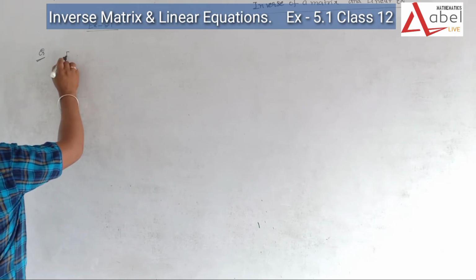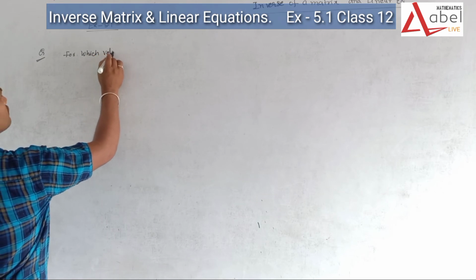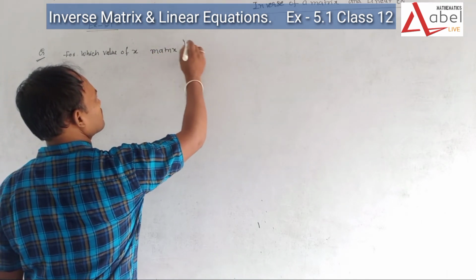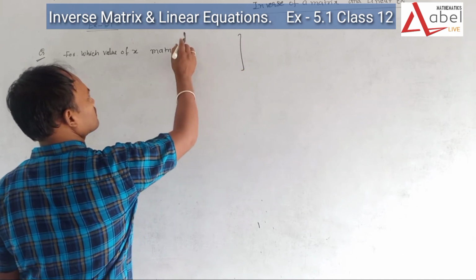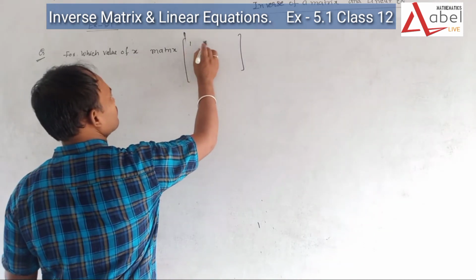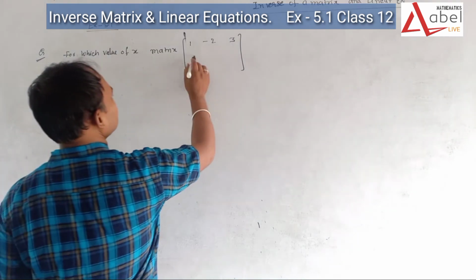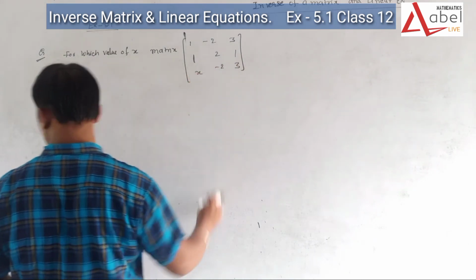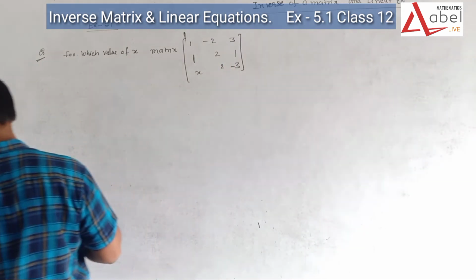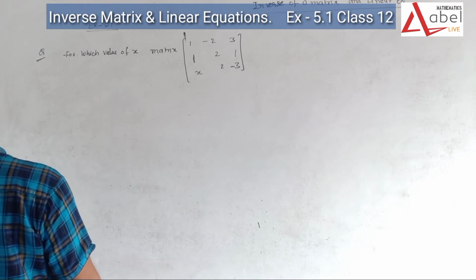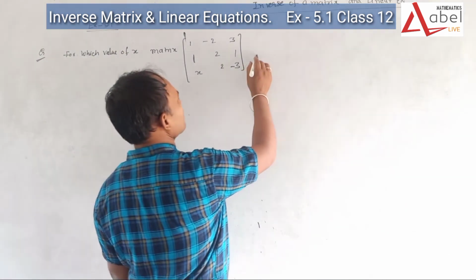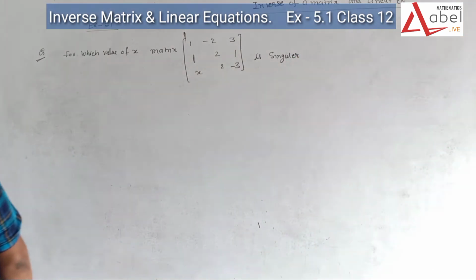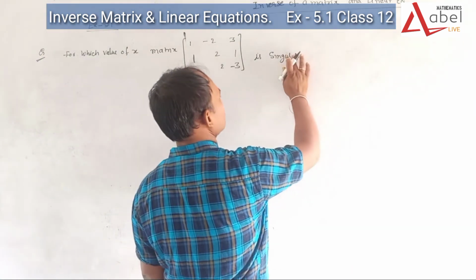For which value of x is the matrix 1 minus 2 3, 1 2 1, x 2 minus 3 a singular matrix?